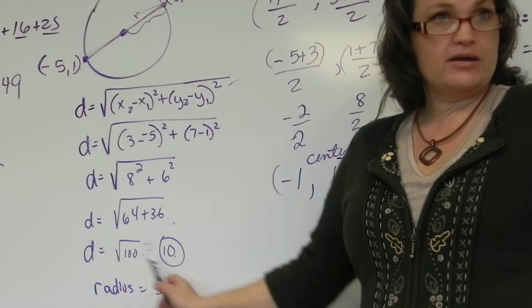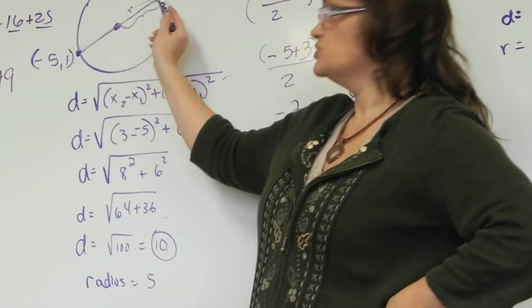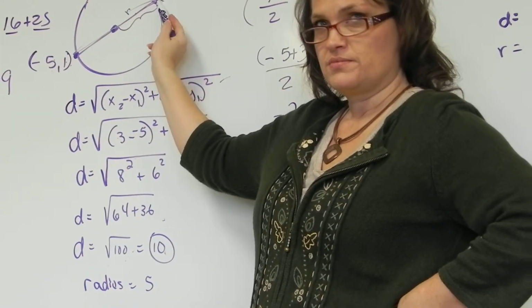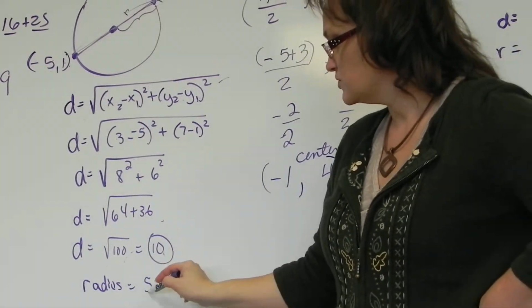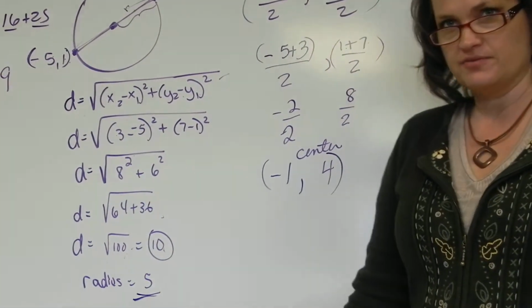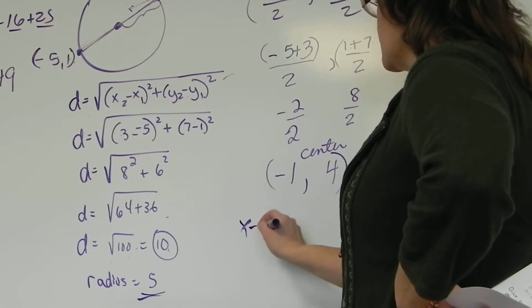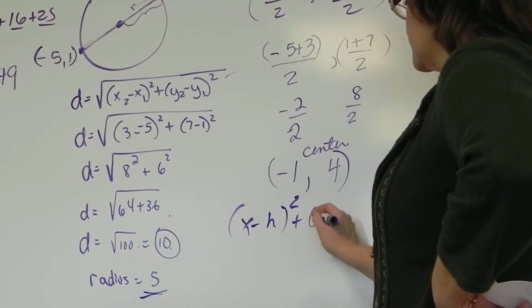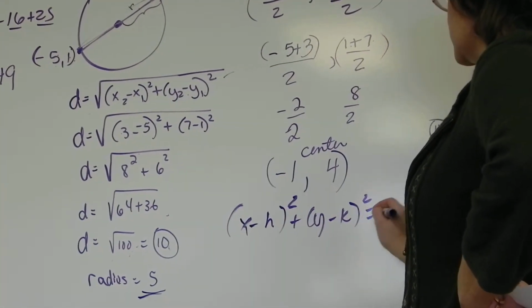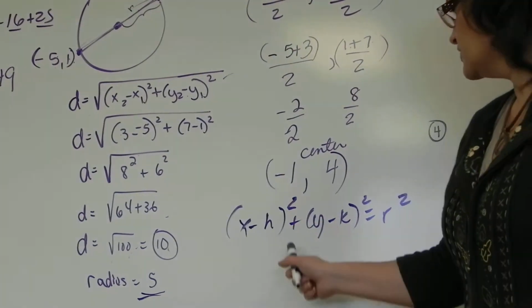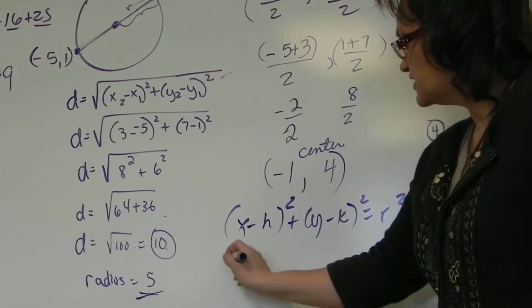So that's the diameter. Remember, that was the distance from here to here. So I'm halving that distance to find the radius, which is 5. So then the formula for the center and radius of a circle, remember, looks like this. So we fill in our h and k values, which is our centering.